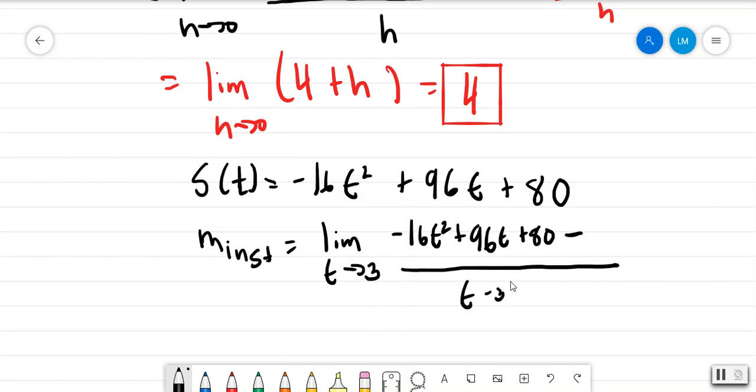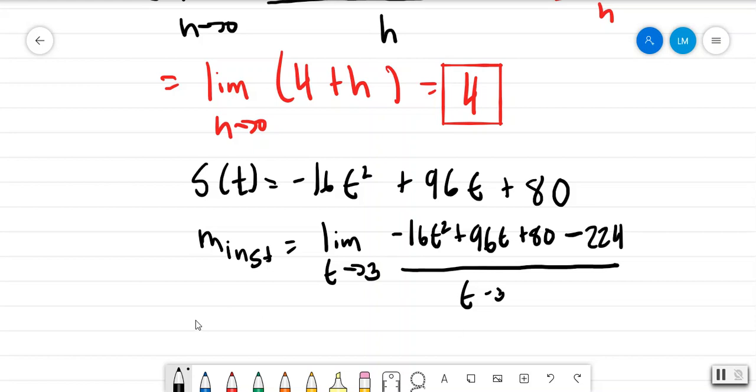So you're looking at negative 16 times 3 squared plus 96 times 3 plus 80. This gives me 224.